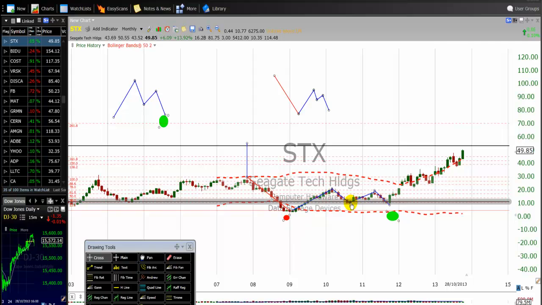The B to C should be between 38.2% and 61.8%, but the next key level is 78.6%, where the C to D will bring the price to the 61.8% first retracement. The ultimate final point for this pattern is 78.6% of the XA.